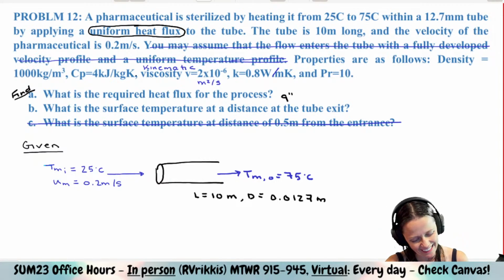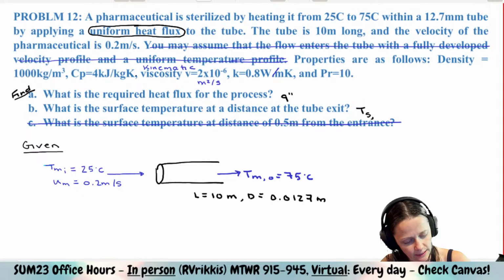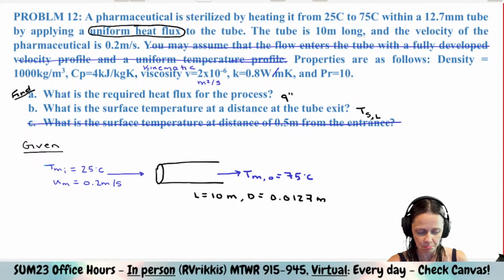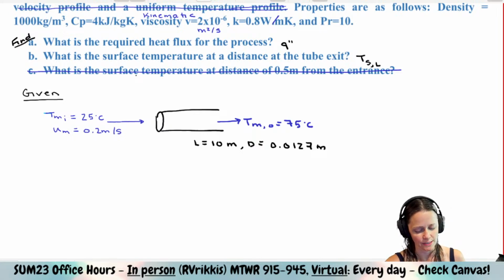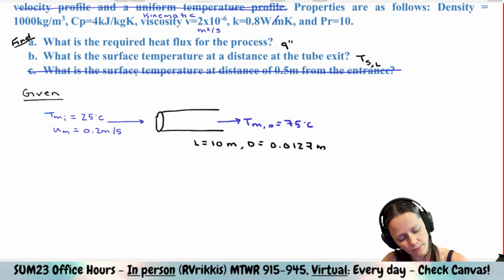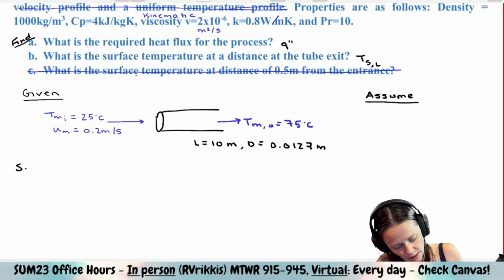And then we want to find the surface temperature, so T of the surface at x equals L. Okay. And then we'll come back to why I crossed out part C in just a second. I'm not sure if I need to assume anything, but let's see.